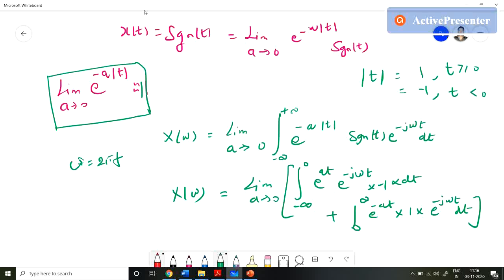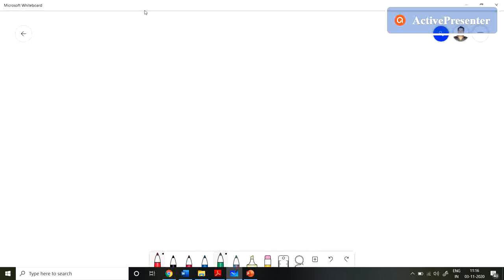Now we are going to find the value of this integral. It is very simple to compute. What we get here, as a tends to 0, is minus 1 divided by a minus j omega plus 1 divided by a plus j omega.